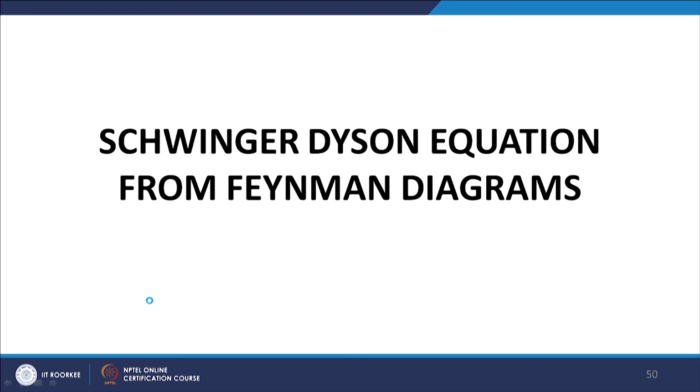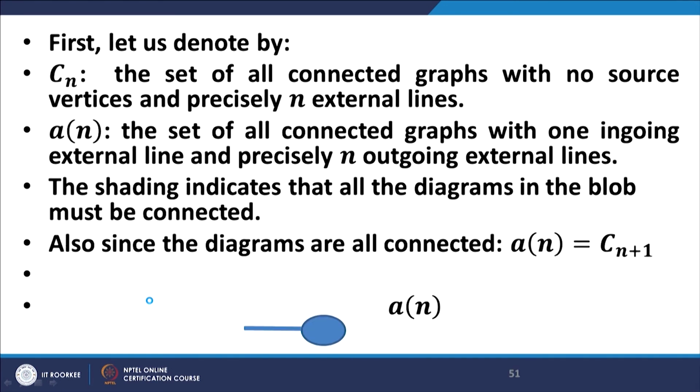Now, we come to a very interesting analysis. We derive the Schwinger-Dyson equation using Feynman diagrams. So, let us start. Let us denote by Cn the number of connected diagrams with no source vertices and n external lines.